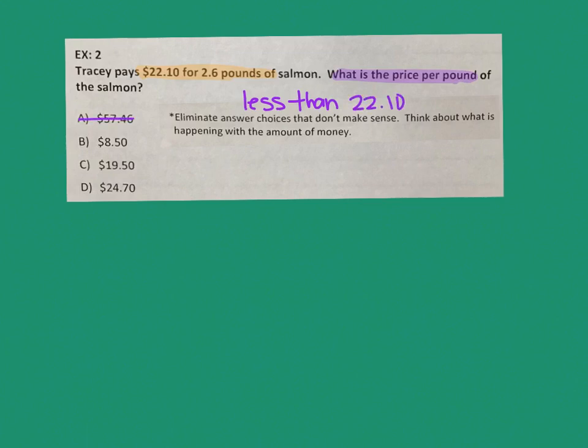So A doesn't make sense. And D doesn't make sense because those increased. We're going down because we only want to know 1. So to get the answer, I would simply divide by 2.6 because then that will tell me the cost of just 1 pound.